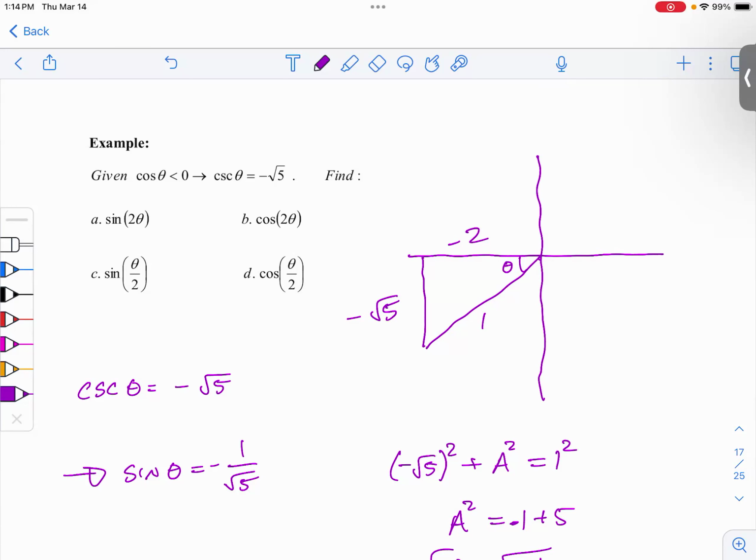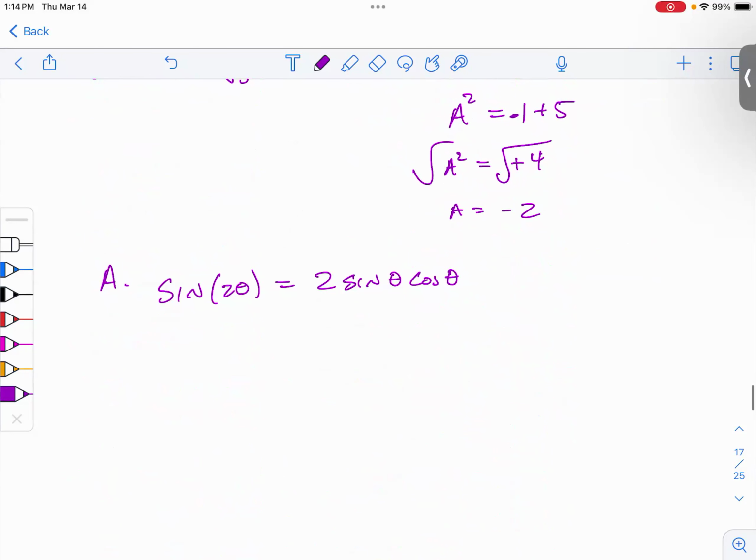We have to use our identity in order to do it. Because if I was told theta is 37 degrees, then 2 theta is 2 times 37, 74, and I could find that easily. But if you're just given this unknown, you need to make sure you use the identities. That's the biggest thing that I see people wanting to do.